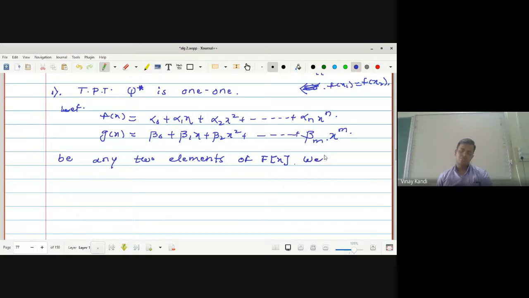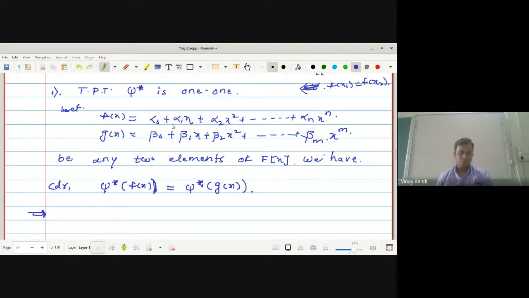So now taking the images equal, that is psi star of f of x is equal to psi star of g of x. If we prove f of x is equal to g of x, then this psi star is one-one. By the definition of psi star, what do we have?